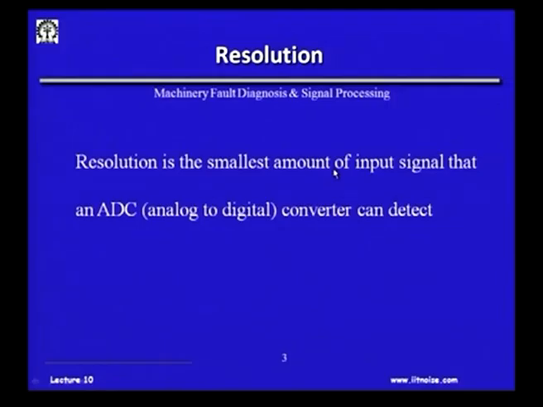Fine. So, with these two important aspects of an A to D converter, in fact these are the two most important features or properties of an A to D converter. One is the sampling frequency, another is the resolution. Because wrong sampling frequency leads to signal aliasing, and inadequate resolution leads to quantization error, the error in quantifying the real data.